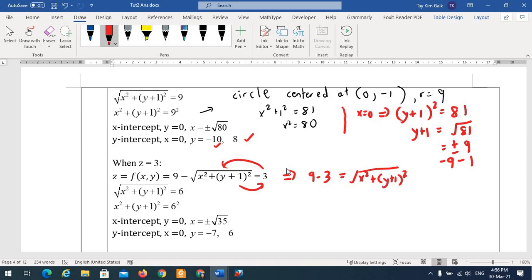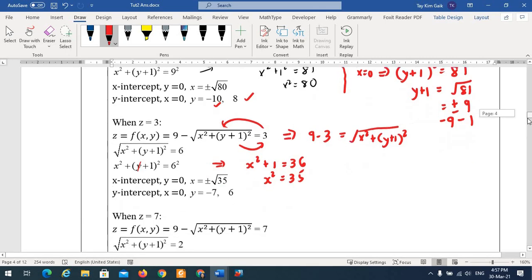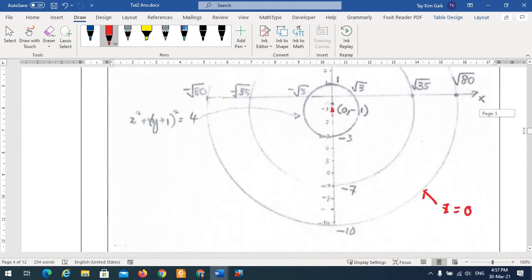When z is 3, the circle is smaller. To get the x-intercept, let y = 0. So you have x squared plus (0 plus 1) squared, which is 1, equal to 36. So x squared equal 35. That's why your x-intercept is plus or minus square root of 35. This one is z equal 3.